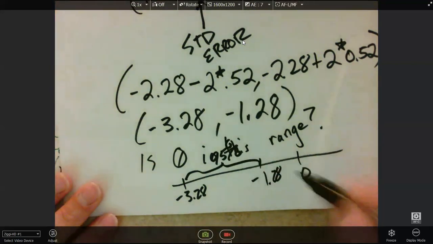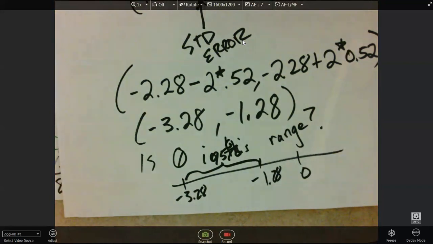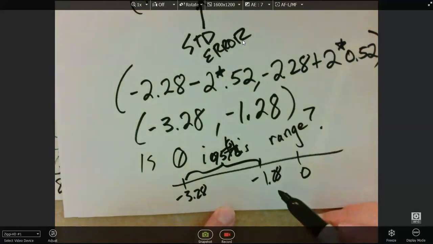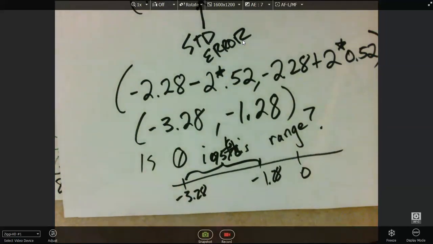So it's all to one side of the 0. And so as a result, I'm going to reject the null hypothesis that it is 0. So if 0 is not in my range, then I reject the null hypothesis that the value is equal to 0.